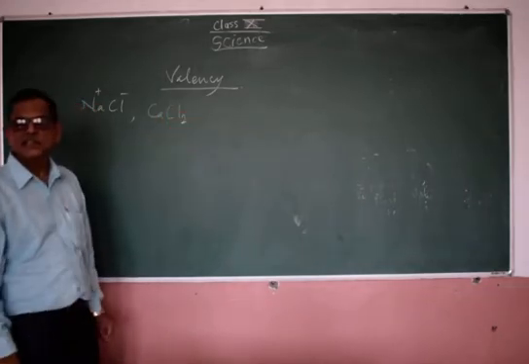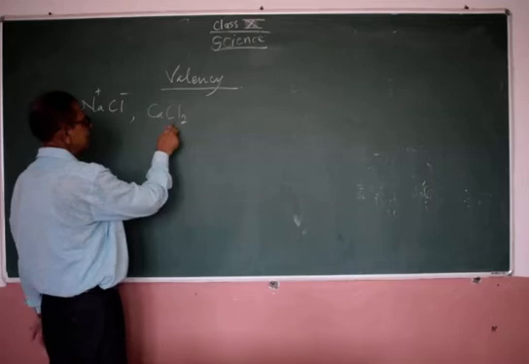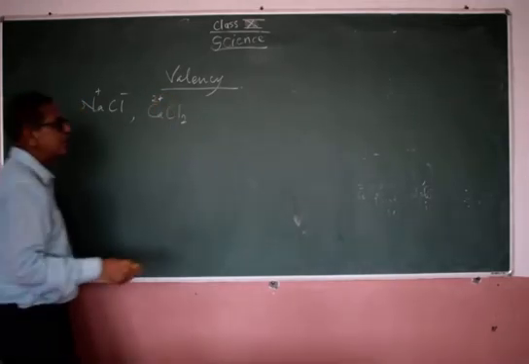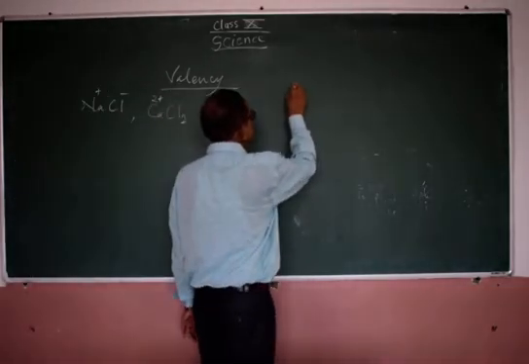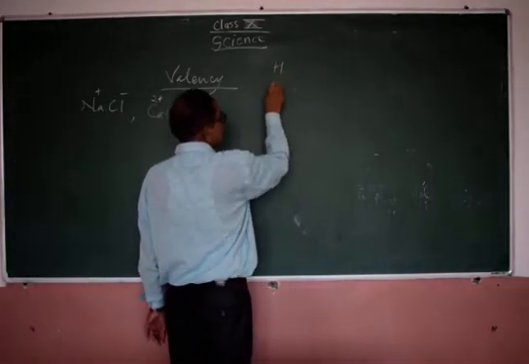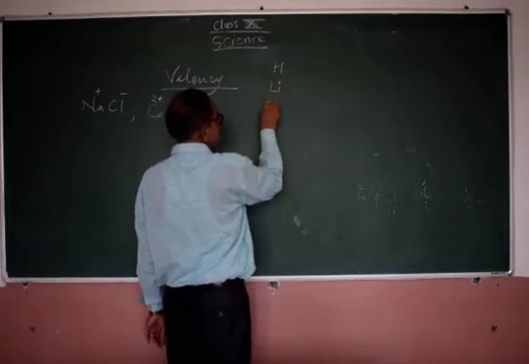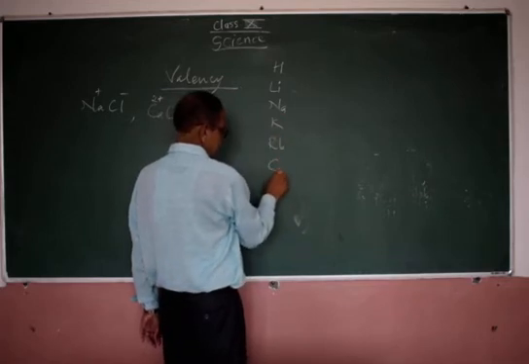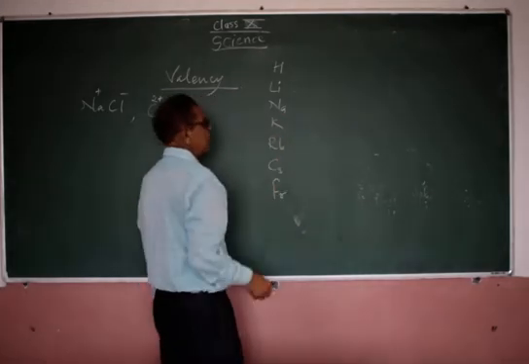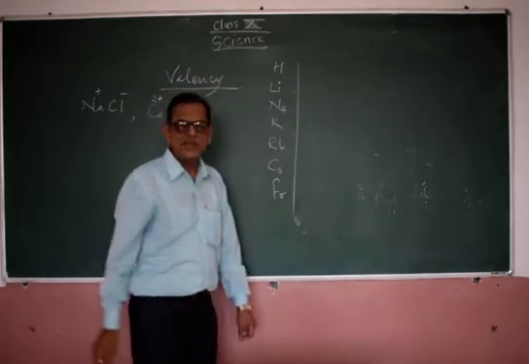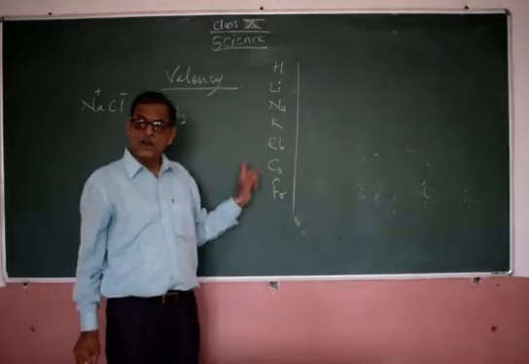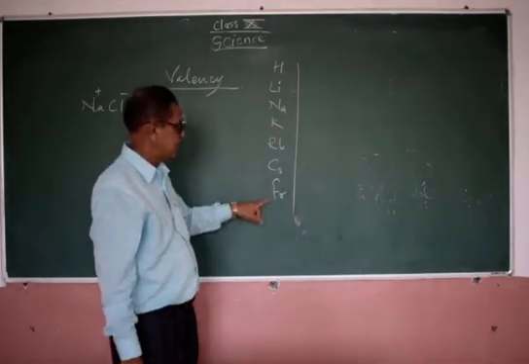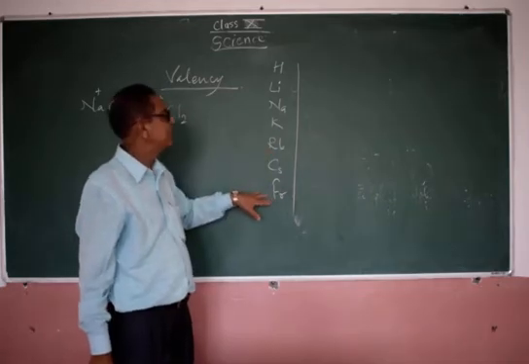For example, if you want to write the formula of calcium chloride, it will be CaCl2. Now the valency of elements of the first A group of the periodic table: hydrogen, lithium, sodium, potassium, rubidium, cesium, francium. All these elements have only one electron in their outermost shell, and therefore their valency is +1, or you can say 1.